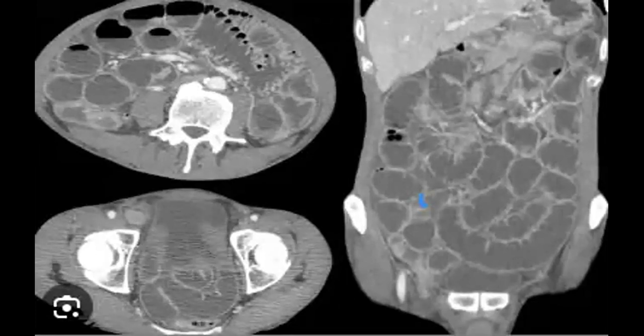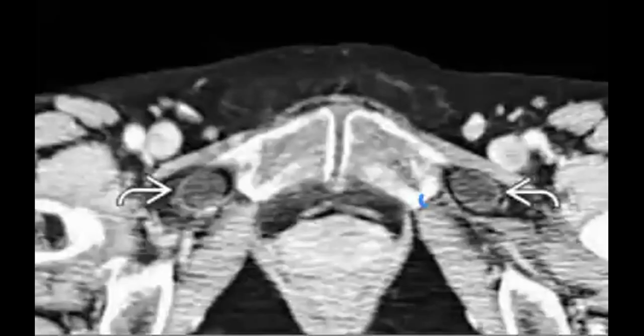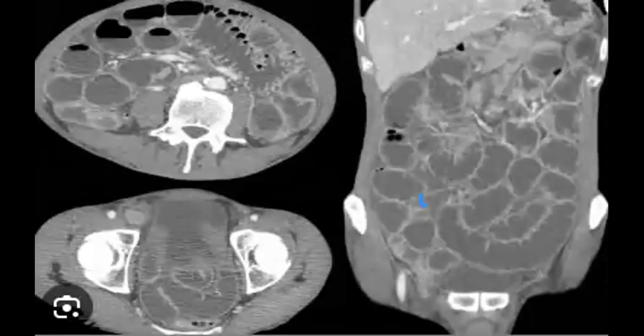If there is a mechanical obstruction, then you have to check the sites of hernial orifices, and check whether this patient has a hernial protrusion, and that could be the reason for obstruction.